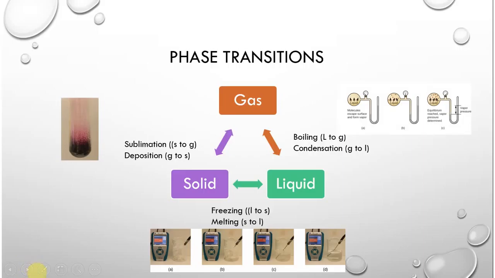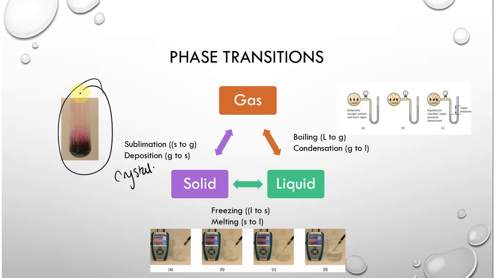In terms of how these intermolecular forces work together, you can think about it in terms of phase transitions. You've heard of liquid melting to a gas, or gas condensing to a liquid. You may or may not have heard of gas depositing or crystallizing to a solid, or solid subliming to a gas, and here you have an example of that.